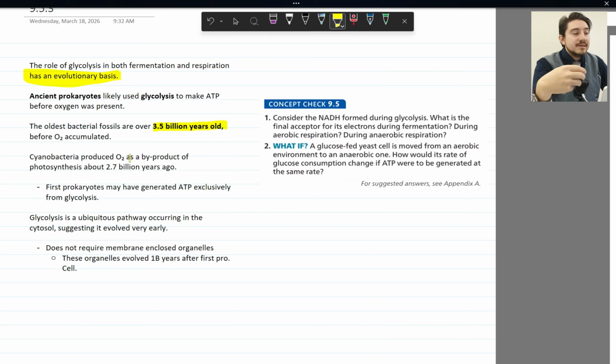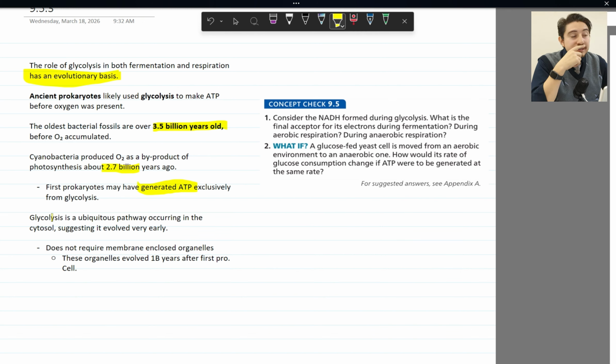So they had to do an anaerobic process. Cyanobacteria produced oxygen as a byproduct 2.7 billion years ago. So these first ancient organisms must have generated ATP exclusively from glycolysis. So glycolysis must have been that first metabolic pathway to produce ATP.